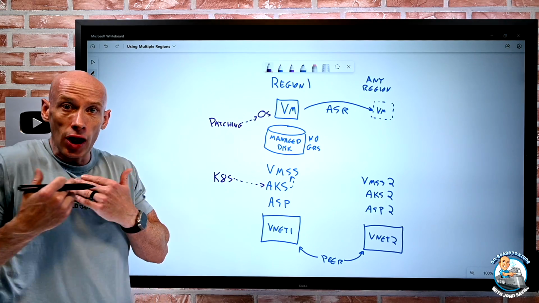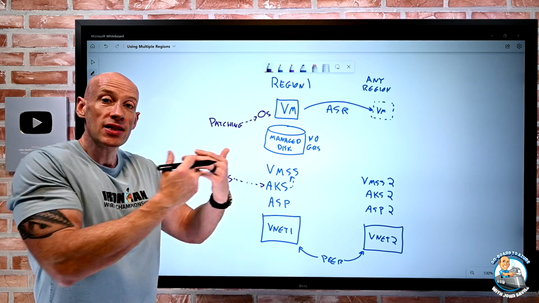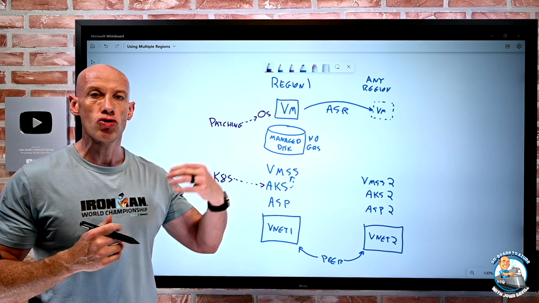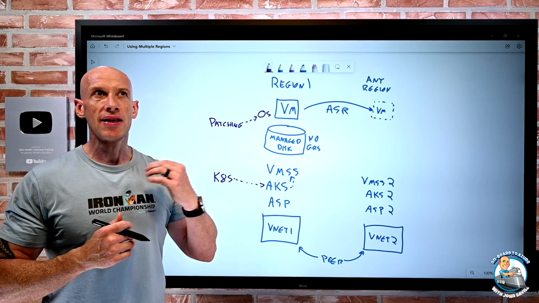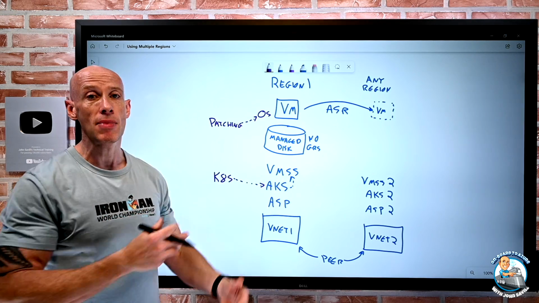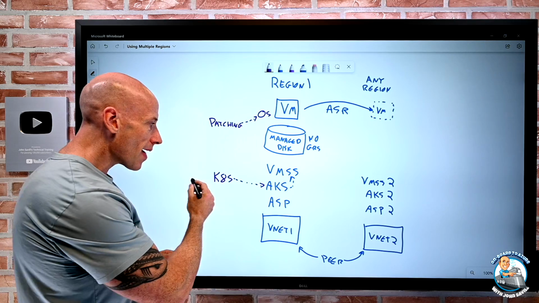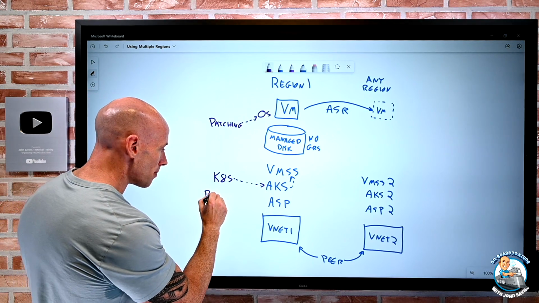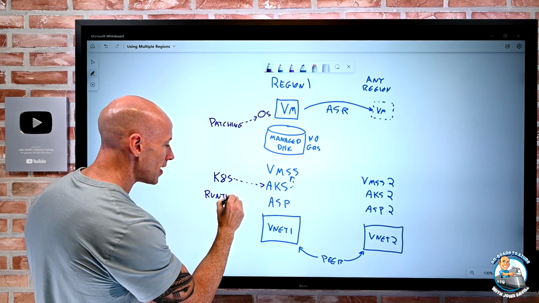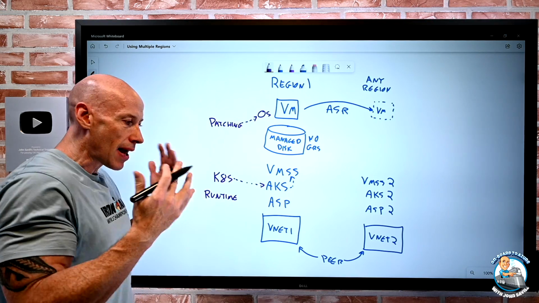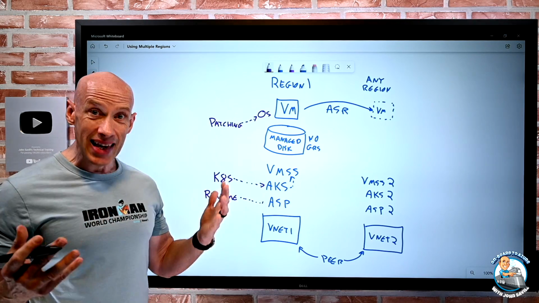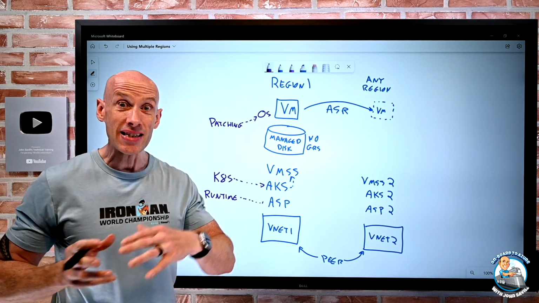Maybe dev test gets it early, but are you stable in production? I always want to have the chance to make sure if there's any change introduced, I see it in my dev test before it could possibly impact my production environment. So make sure you think about these things as well. If I'm an app service plan, remember there's runtimes. A new version of .NET or Node, whatever that might be, if I turn on auto update of those, is it going to update my dev test and prod at the same time?